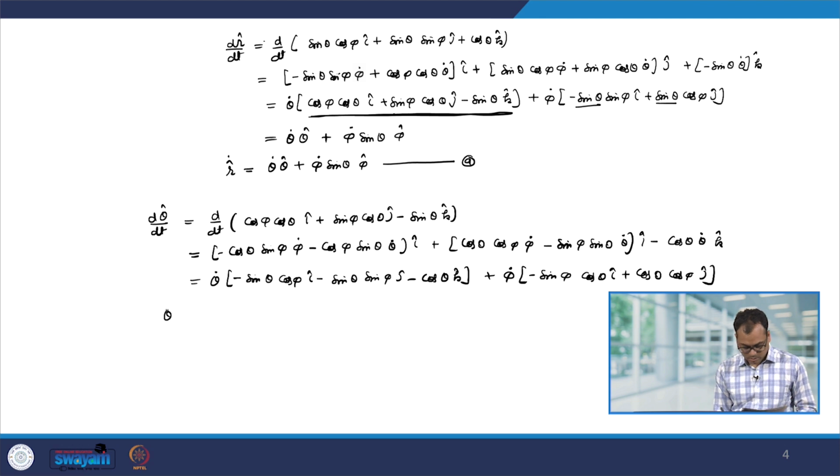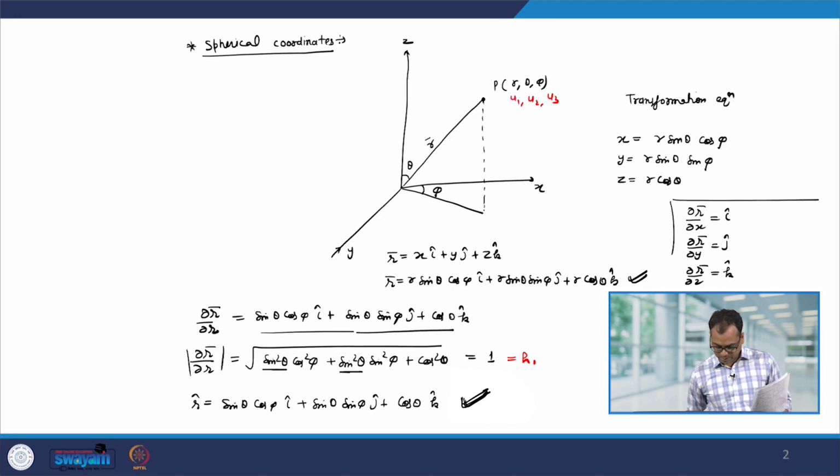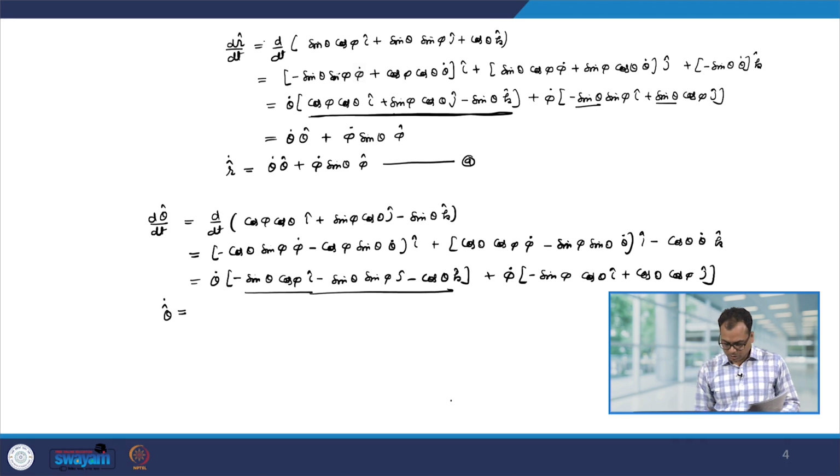Therefore, theta cap dot becomes, so this quantity over here is nothing but minus r cap. So, you can see this. Therefore, I can write it as minus theta dot r cap, and here I can take cos theta as a common factor, and then whatever is left is phi cap. So, it becomes phi dot cos theta phi cap. Let us call it equation number B.